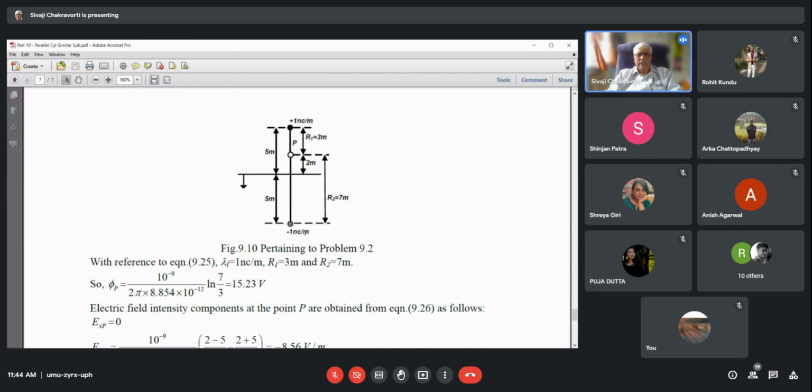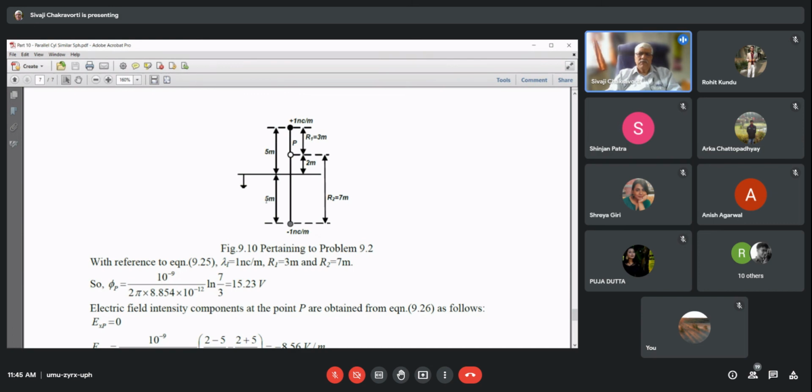Of course, we have to take the image, that is -1 nanocoulomb per meter. Of course, this is not an image with respect to the cylinder, it is image with respect to the Earth surface. So it will be just a standard image, that is, the image will be equal and opposite to the actual charge, and the height and the depth with respect to the Earth will be the same.